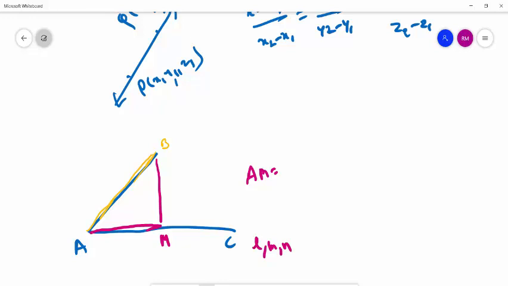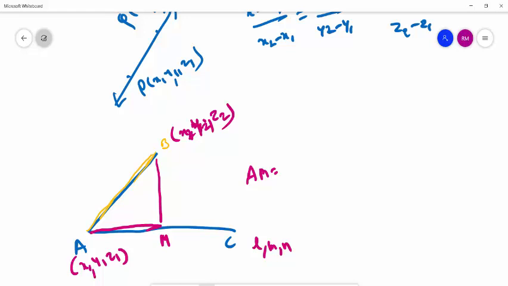and the DRs of AB, A having coordinates say x1, y1, z1, B having coordinates say x2, y2, z2. Then the DRs of AB will be x2 minus x1, y2 minus y1, z2 minus z1.